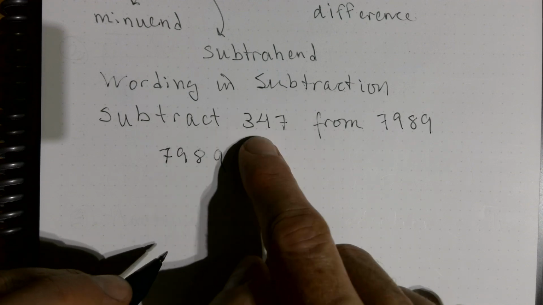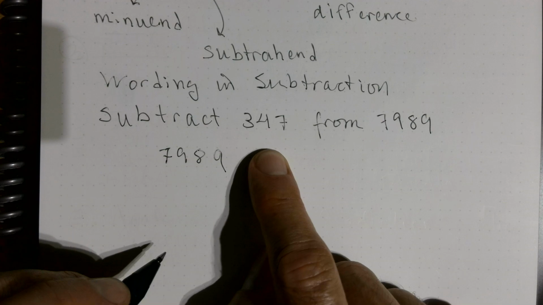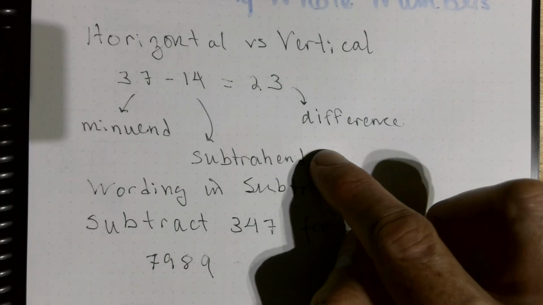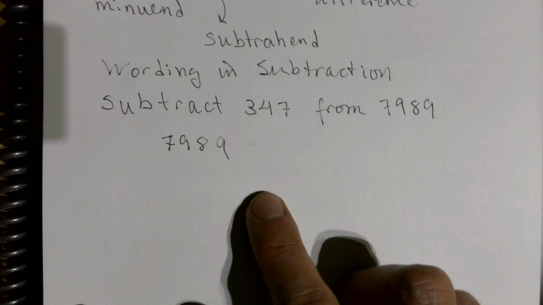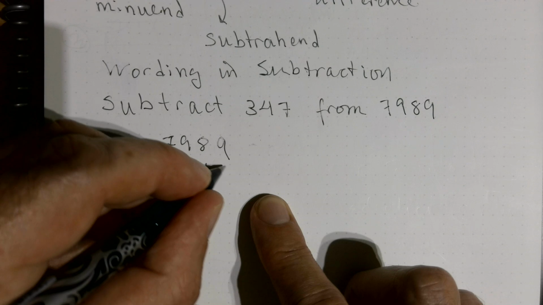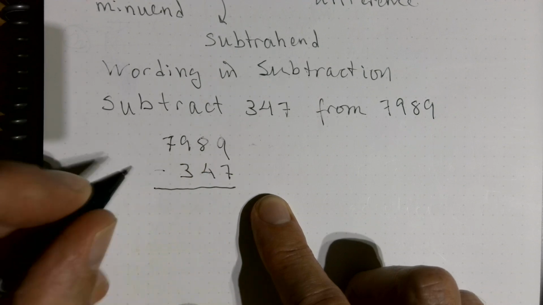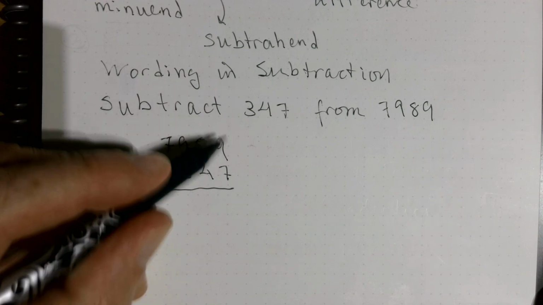When it says subtract 347, the 347 is what I am taking away. In other words, the 347 is the subtrahend. So I'm starting with the 7,989, and I am subtracting 347.